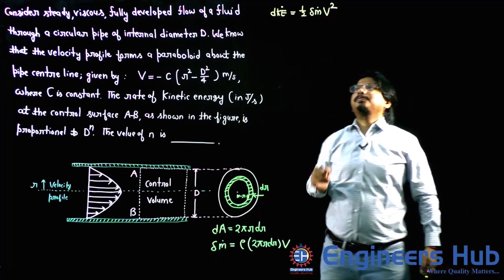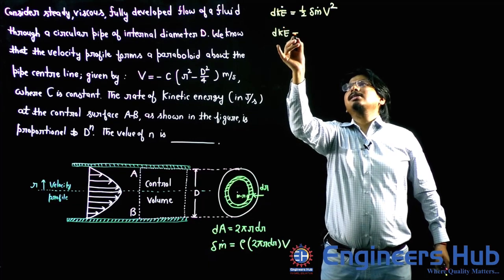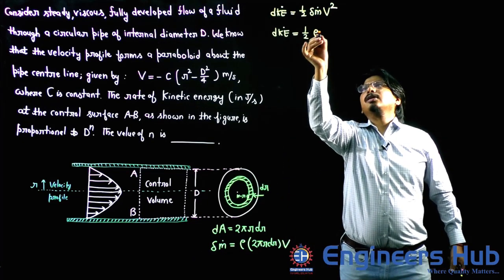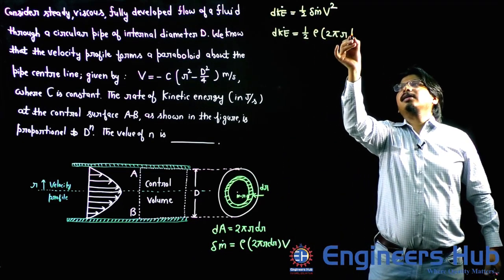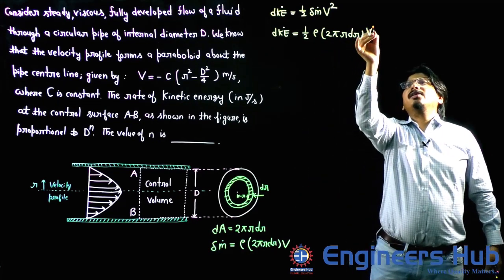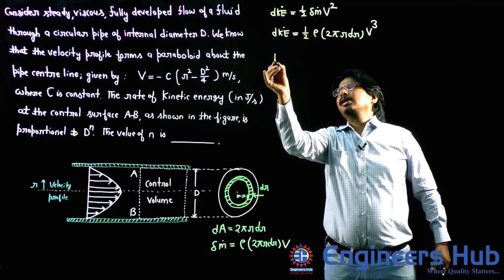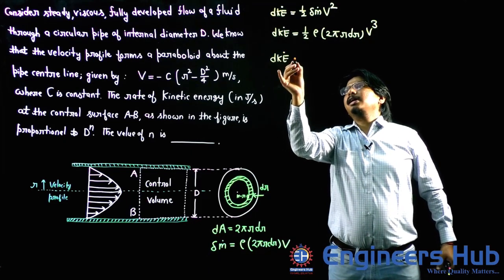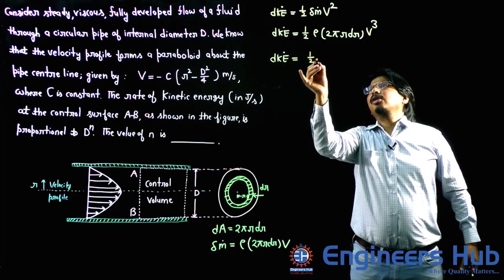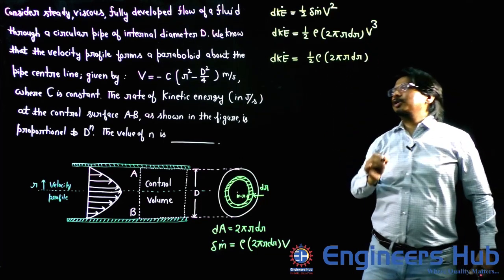into v square. So let us substitute the value of del m dot, my friends. Half del m dot is equal to rho 2 pi r dr into v. V into v square will be v cube, my friends. If I substitute the value of v, small kinetic energy rate passing through this small strip will be half rho 2 pi r dr into the cube of v.